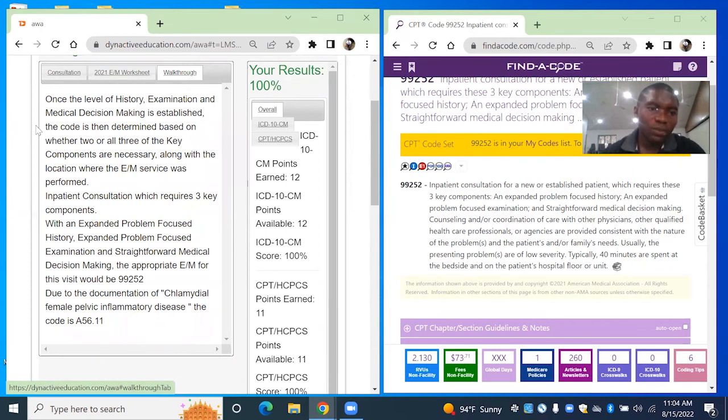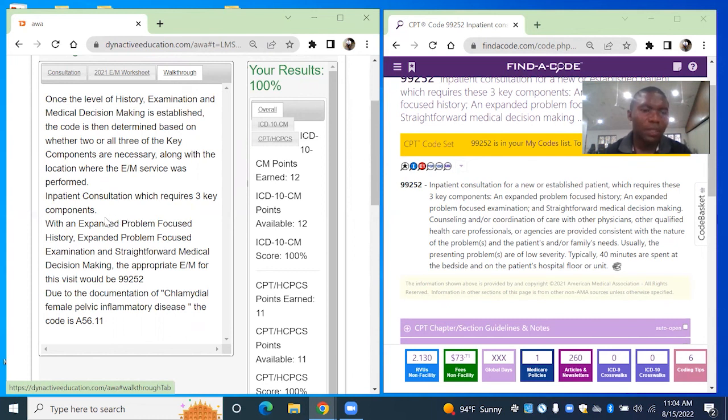Once the level of history, examination and medical decision making is established, the code is then determined based on whether 2 or 3 of the key components are necessary, along with the location where the evaluation and management service was performed.